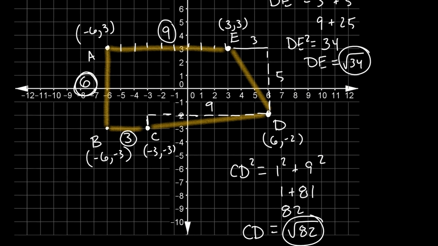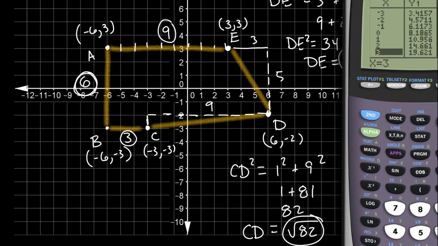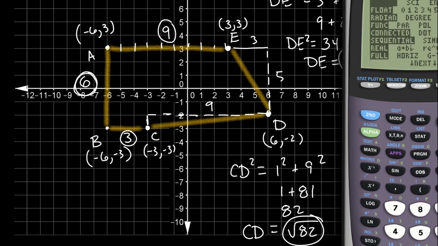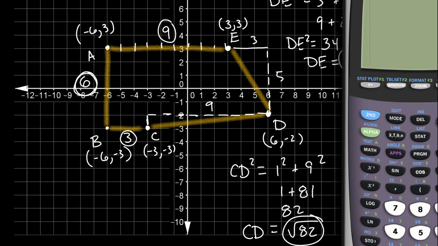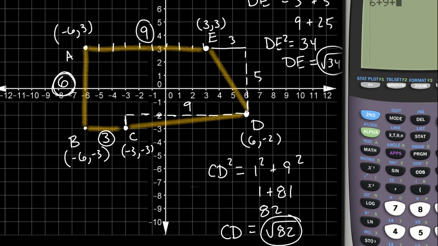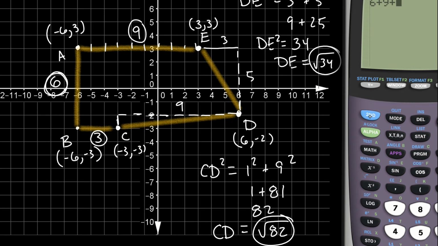So if I put all those pieces together, not manually with my calculator, for crying out loud. Let's see. I've got a 6 plus a 9 plus 3, those are the only integers I've got.